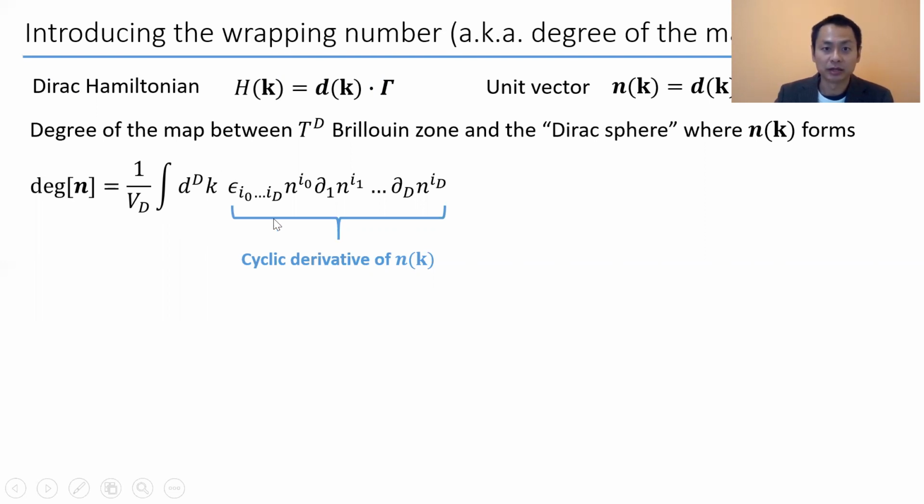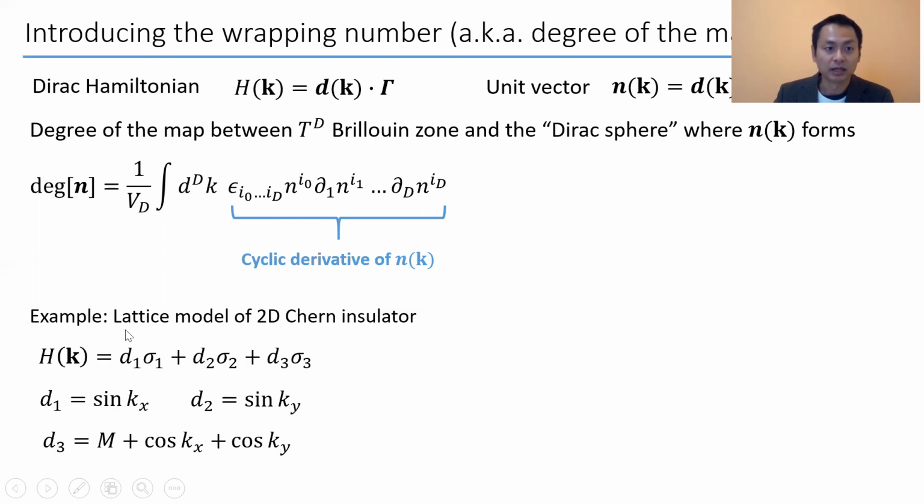Now, let me give you an example of how this works. Let's consider a lattice model of a 2D Chern insulator, which is described by a 2x2 Dirac Hamiltonian, expanded by the Pauli matrices sigma 1, sigma 2, and sigma 3, where the three components of the d vectors are characterized in this way by the two-dimensional momenta, and also by the mass term m here.